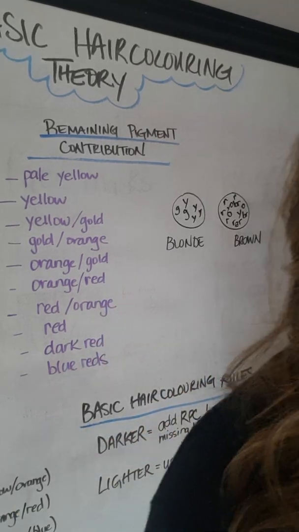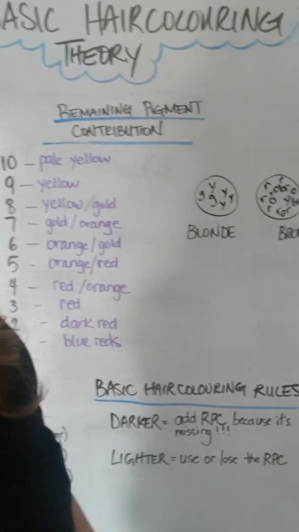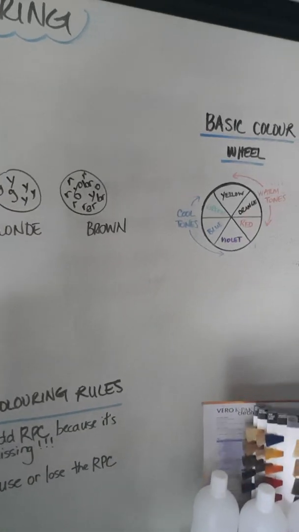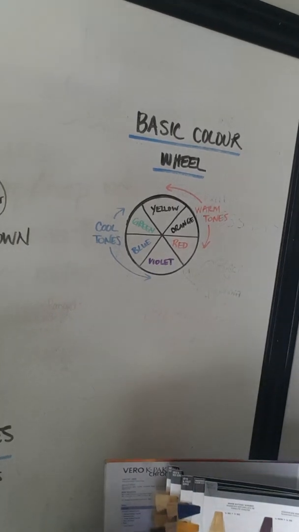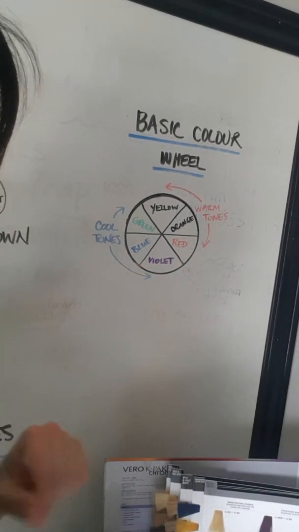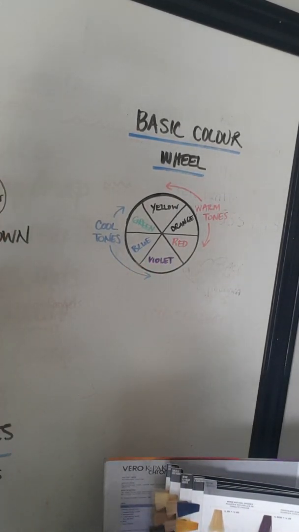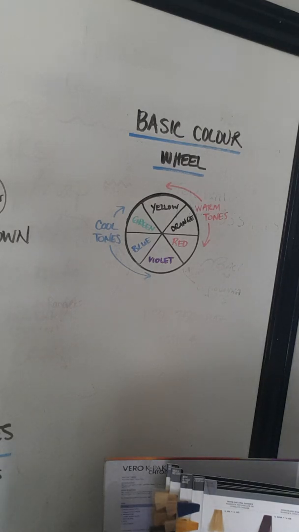So I'm going to move this over and we're going to talk about the color wheel. For the artists in my class, you may have seen this before. This is a very basic color wheel. We're only representing primary colors and secondary colors.